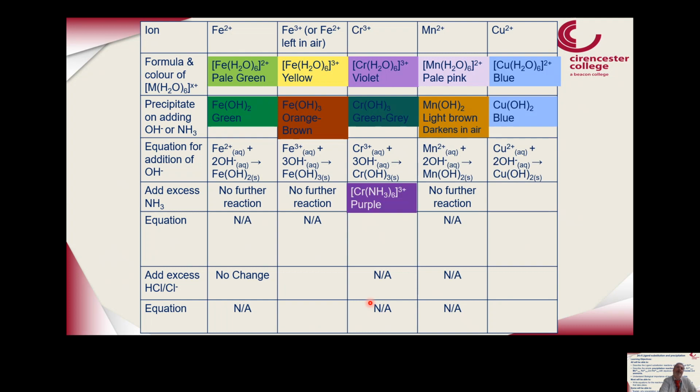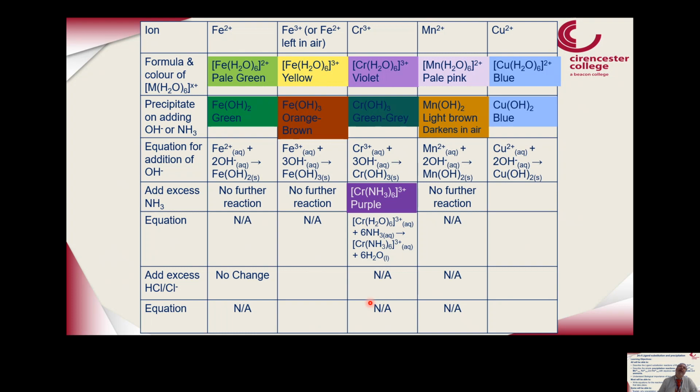So now we're going to see what happens if we add excess ammonia. With some of them we get no reaction, and some of them we do, and underneath each one we've got the actual equation for what's happening. So this is the ligand exchange process.